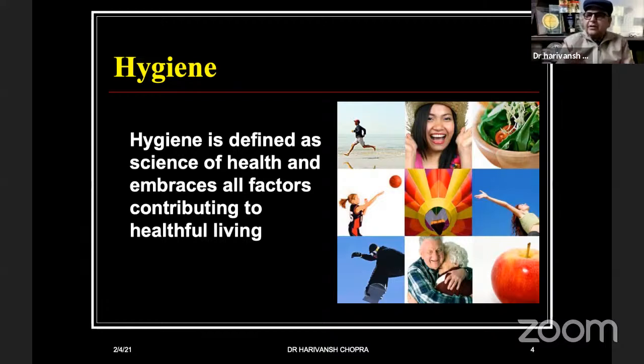So it includes all those factors which we'll be talking about a bit later: what are the factors which determine health, or what are the health determinants? That is what is important, and it was taught as hygiene. And I still remember, maybe in the early 70s, the book of community medicine was Hygiene and Public Health, something like that.